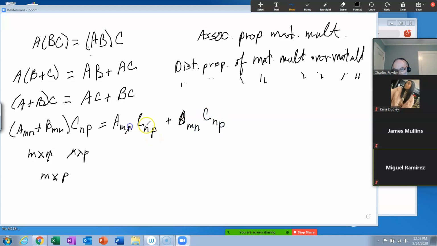These certainly can multiply because those two are the same, giving you an M by P matrix, and you can add to that. These two can multiply because they're the same, an M by P matrix, and certainly that will give you an M by P matrix, and that's exactly what you got over here. So at least by sizes, these things have to be true.